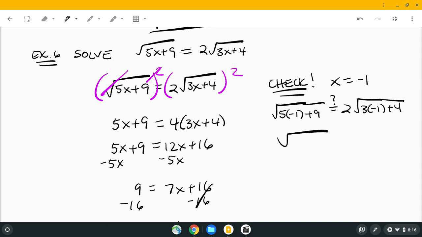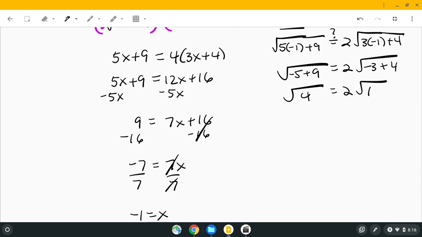So over here we get negative 5 plus 9, and over here we get negative 3 plus 4. Left side we get square root of 4, right side we get 2 times square root of 1. Square root of 4 is 2, and this is 2 times 1.